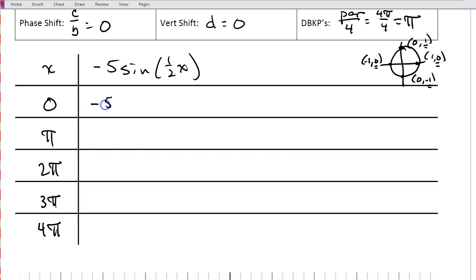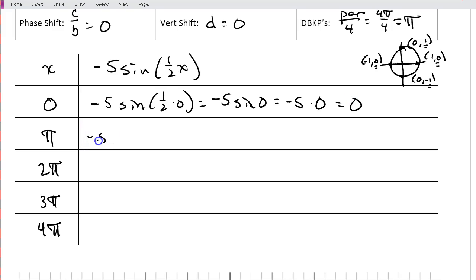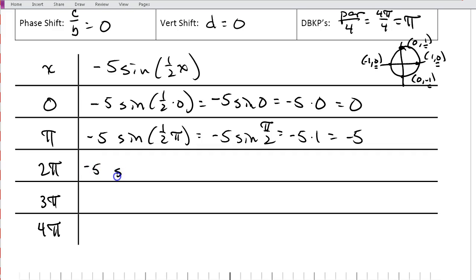Okay, so -5 sine of 1/2 times 0, so that's -5 sine of 0, which is -5 times 0, which is 0. -5 sine of 1/2 pi, -5 sine of pi over 2, so that's up at the top, so -5 times 1, or -5. -5 sine 1/2 times 2 pi, so that's -5 sine of pi.